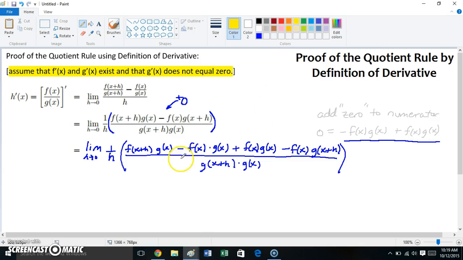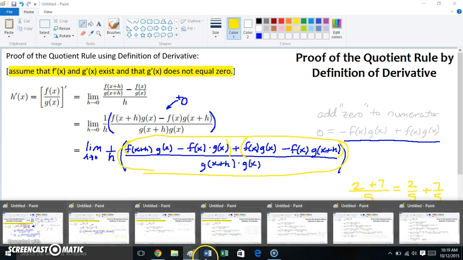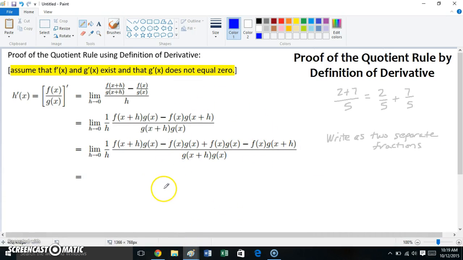Okay, in our next slide, we're going to break up this huge fraction into two parts. Recall that if we had 2 plus 7 over 5, we could break that up into 2 over 5 plus 7 over 5. So we're going to use that idea and break up this big fraction. Here you see we've added 0, and we're going to break up this fraction into 2.